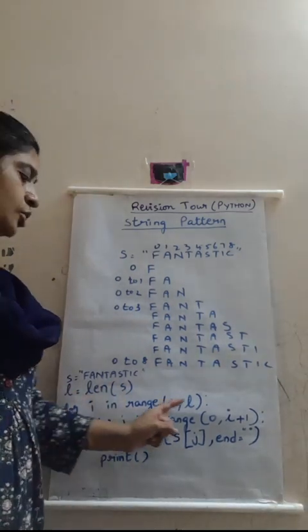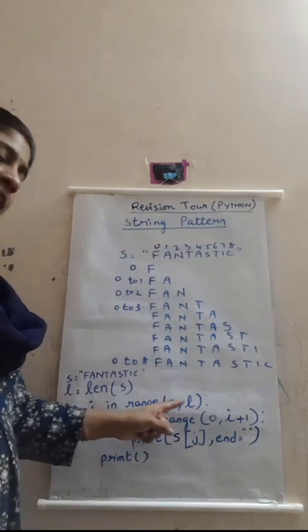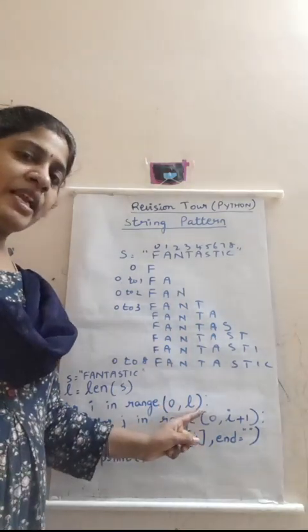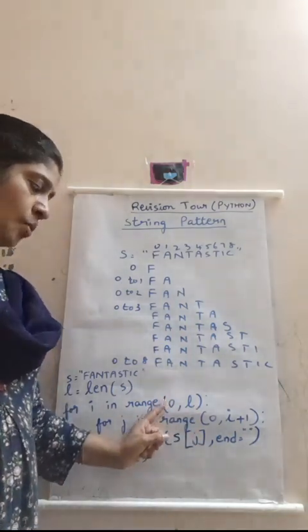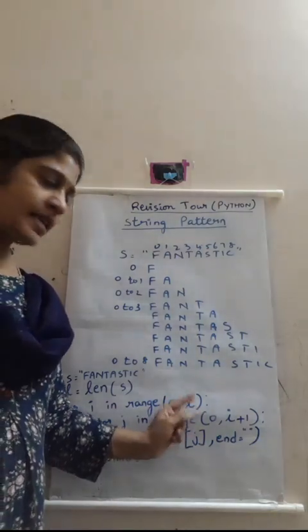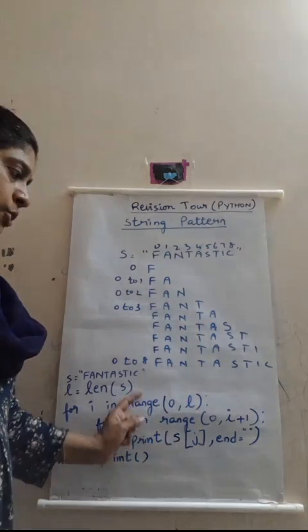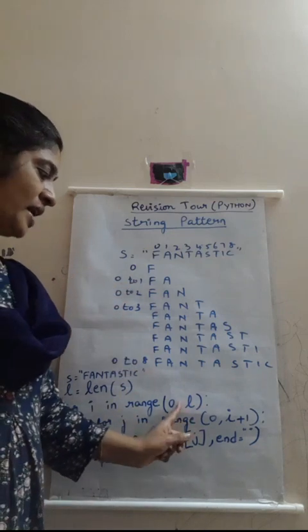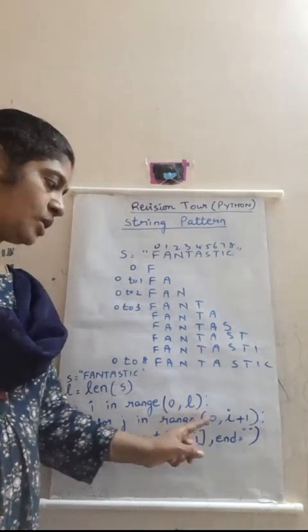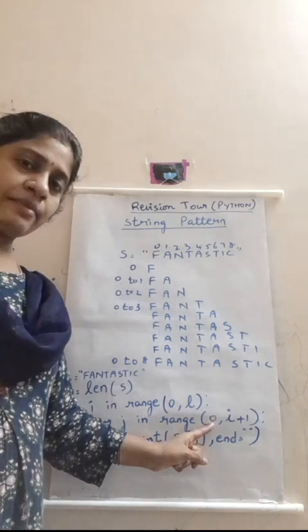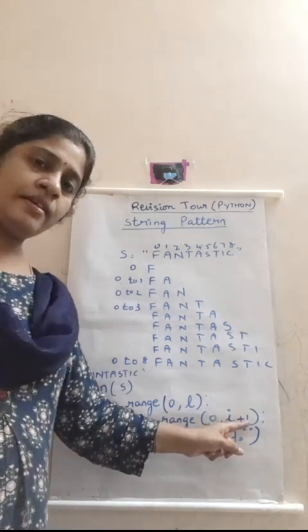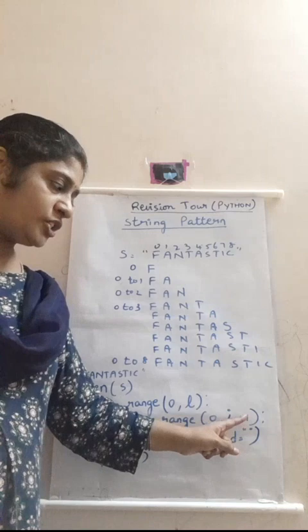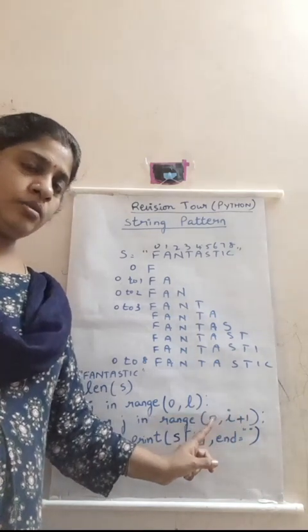Now the outermost loop I am running for L number of times, 0 to L, and each time I increments I am running one nested loop. When I is 0, run the loop from 0 to 0 plus 1, which would be 1, so it will stop at 0.